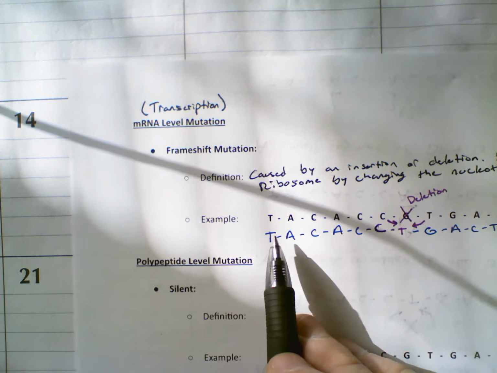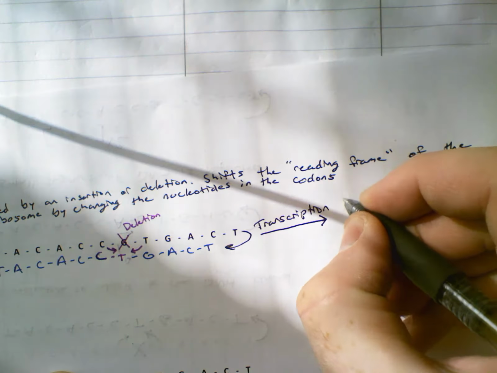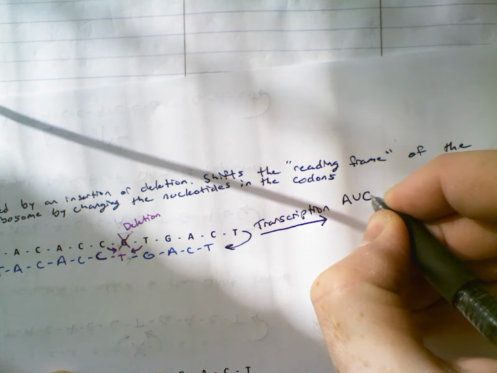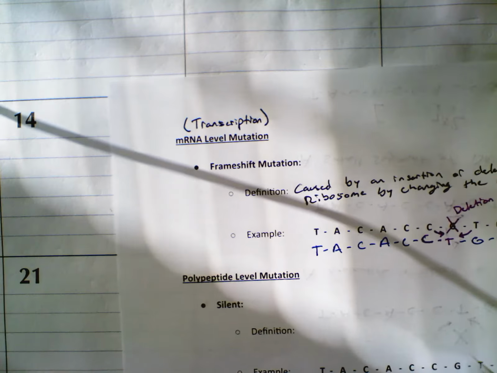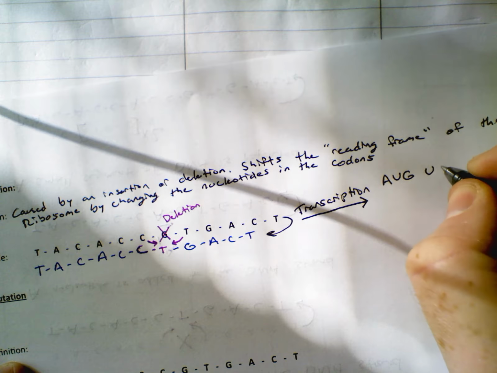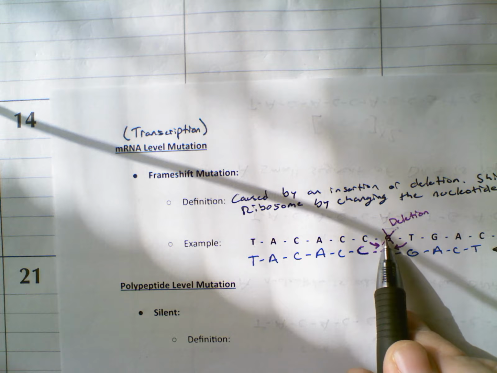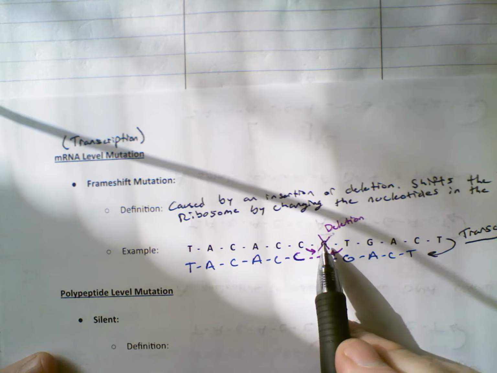So just transcription. AUG. So this is going to be AUG. Okay. What about ACC? UGG.